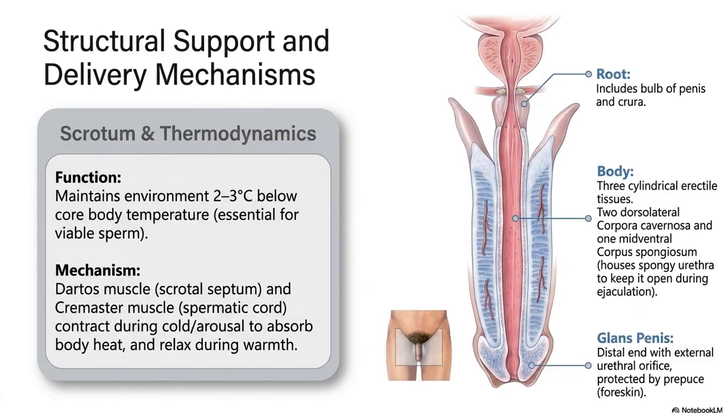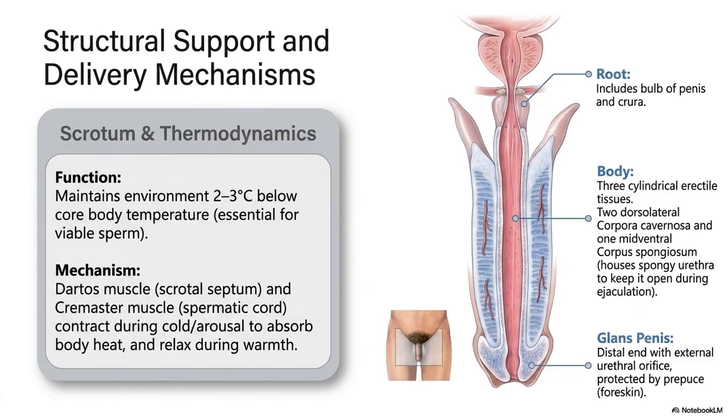Now the body part, which is the main part, consists of three cylindrical erectile tissues, that is two dorsolateral corpora cavernosa and one medial corpus spongiosum. These muscle masses are covered by skin, fascia and tunica albuginea.